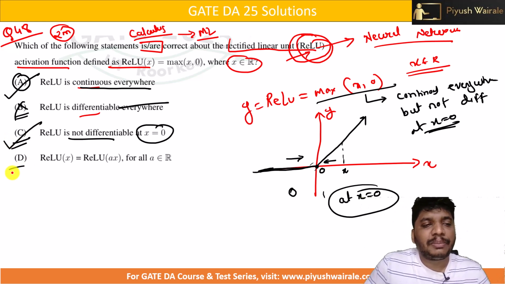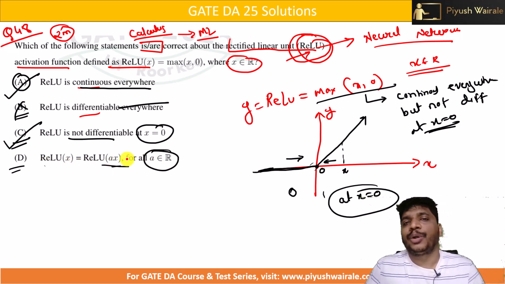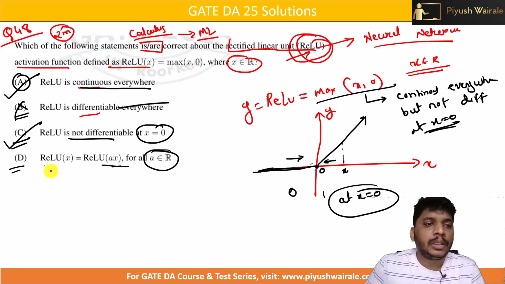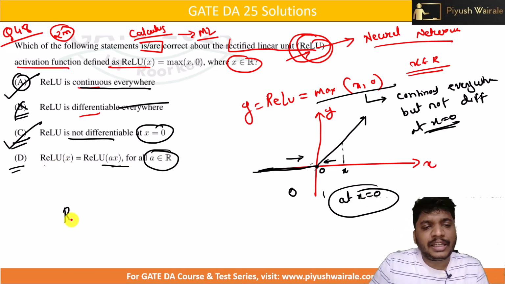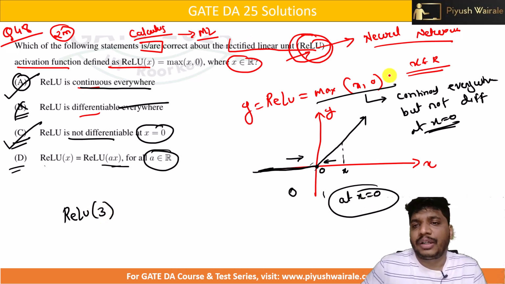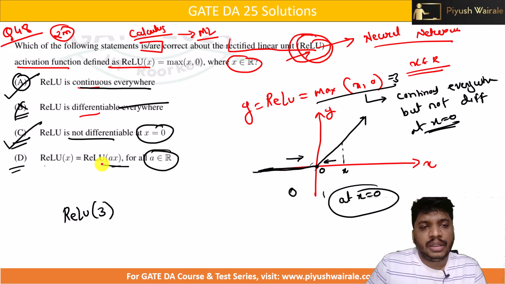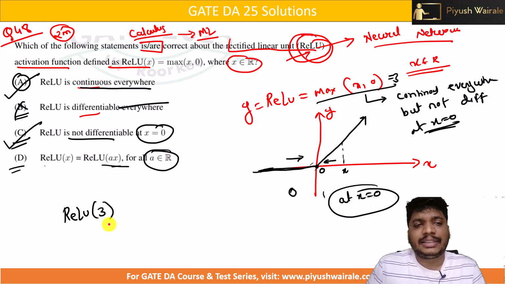Now what about option D? ReLU of x equals ReLU of ax for all values of a belonging to R? No. If I say ReLU of 3, that will be 3 in the output. If I say ReLU of 3 times x, would we get the same output?